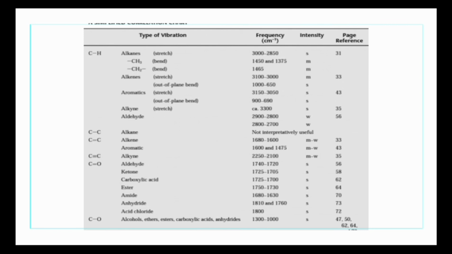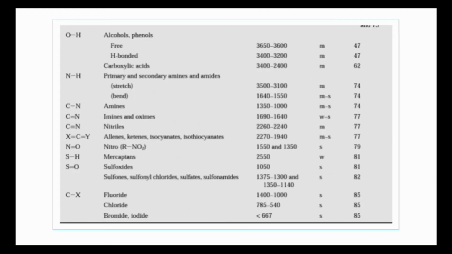Okay, let us see about C-H bending. We just discussed the bending vibrations, in-plane bending and out-of-plane bending. You can see here that for each and every vibration there are different frequencies. So these are the frequencies for O-H, N-H, C single bond N, C double bond N, and C triple bond N nitriles, and so on.